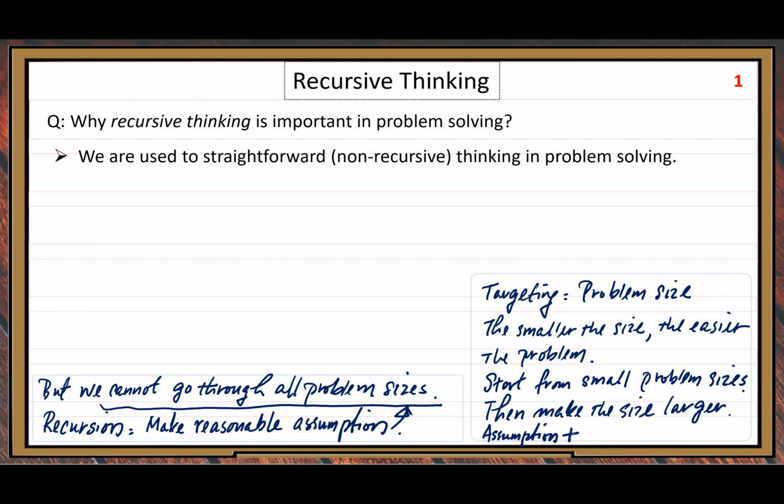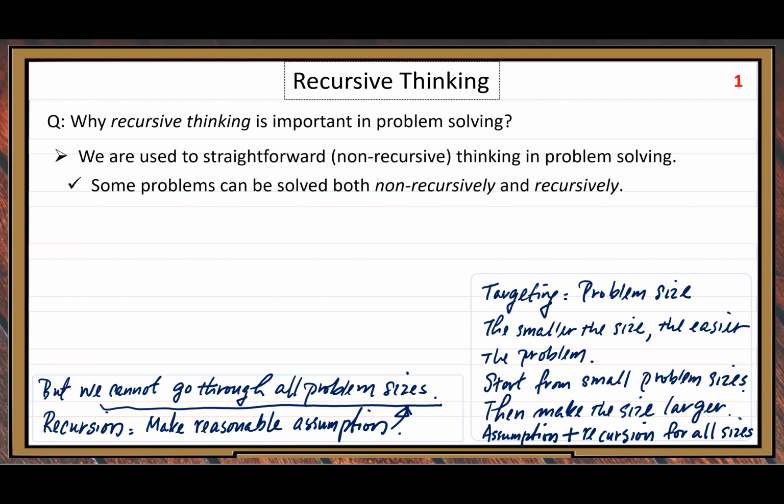So assumption plus recursion, then for all sizes. In this way, we bridge the gap. We can cover all the problem sizes.